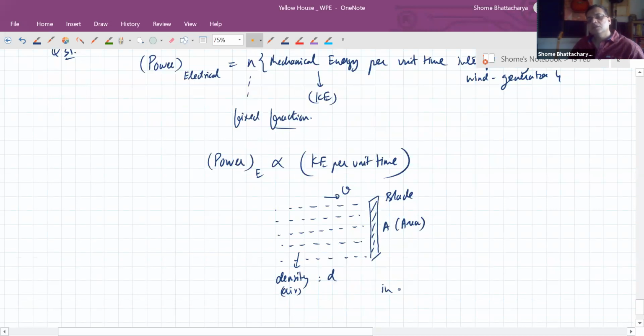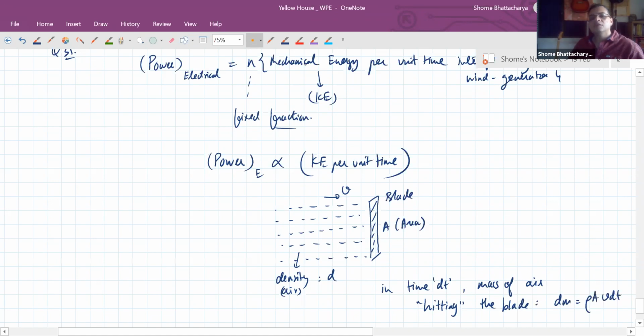Then in a time dt, the mass of air hitting the blade, or colliding with the blade, will be how much? It will be density into area into V dt. Why will it be into V dt?